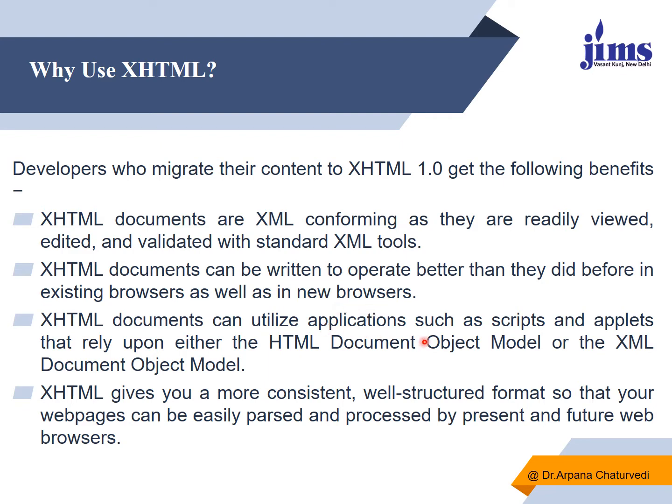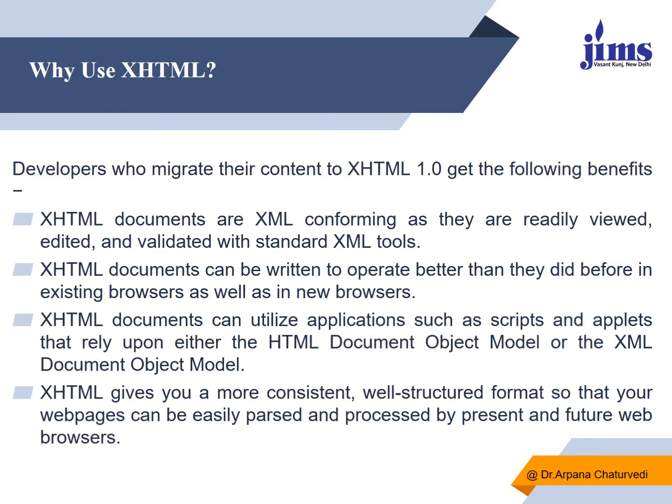They can utilize applications such as scripts and applets and rely upon either the HTML document object model or the XML document object model. It gives you a more consistent, well-structured format so that web pages can be easily parsed by an XML parser and processed by present and future web browsers also.